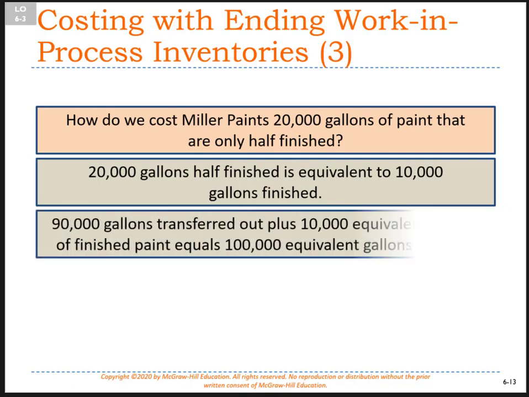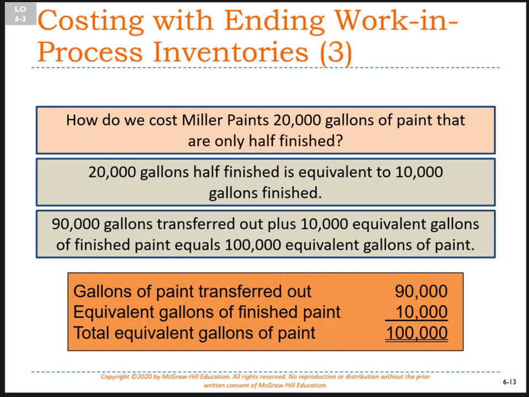So we introduce the idea that when trying to allocate costs, we need to put everybody on the same page. And so we take that 20,000 gallons that is half finished, and we say to ourselves, that's the same as 10,000 gallons all the way finished.